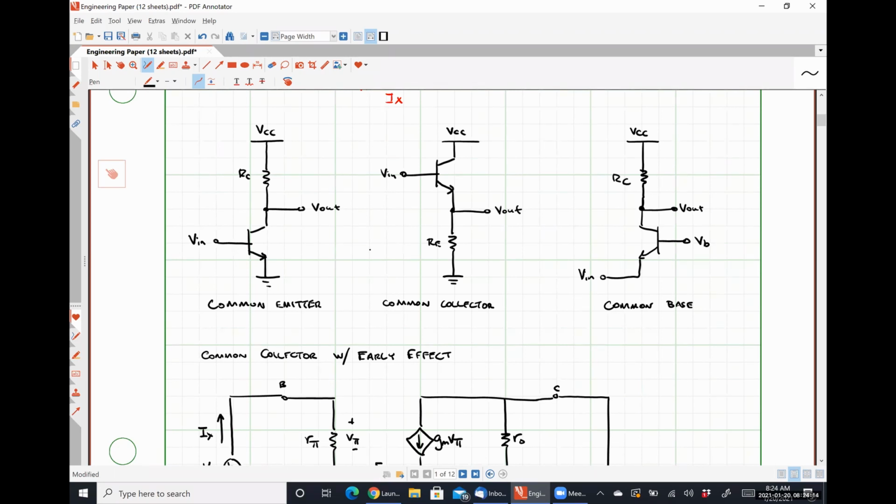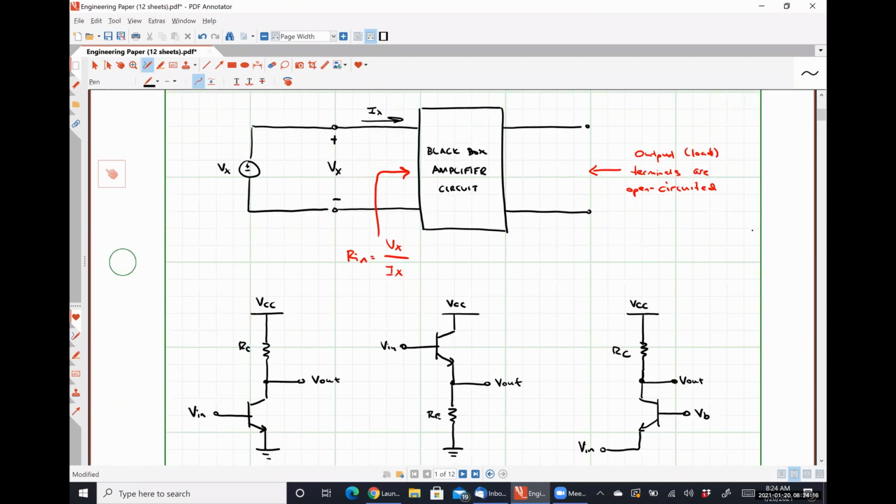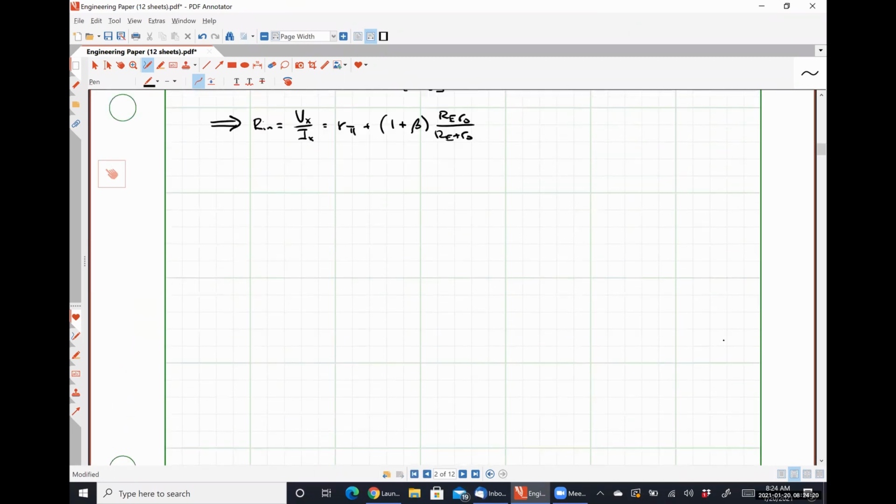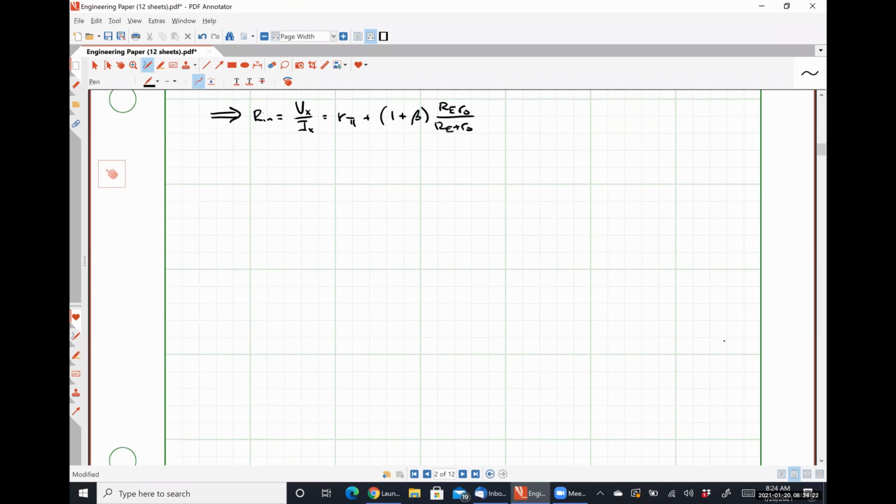All right, so if we want to measure the output impedance, it's very similar.